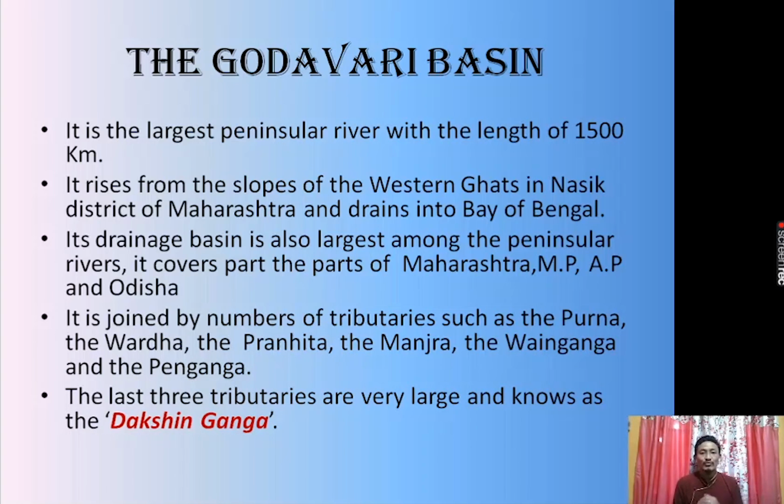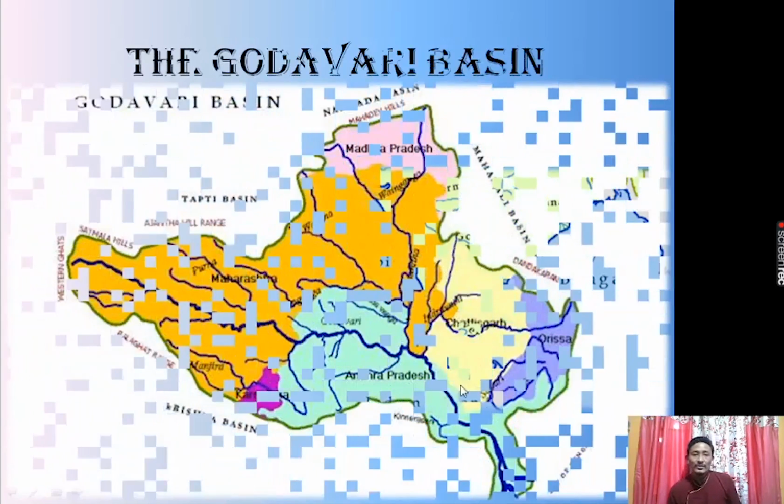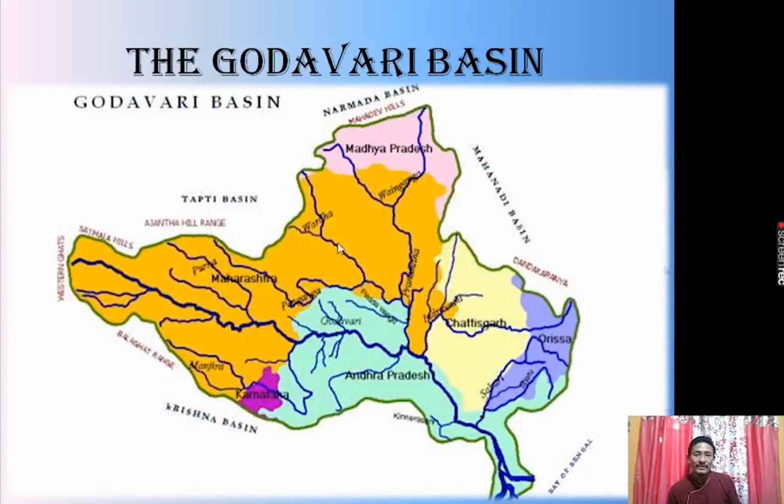So these three, Manjra, Wainganga, and Penganga, are called Dakshin Ganga. This you have to remember. As you can see here, we have Wardha here, then we have Purna. This is a map depicting the flow and the tributaries of the Godavari Basin.